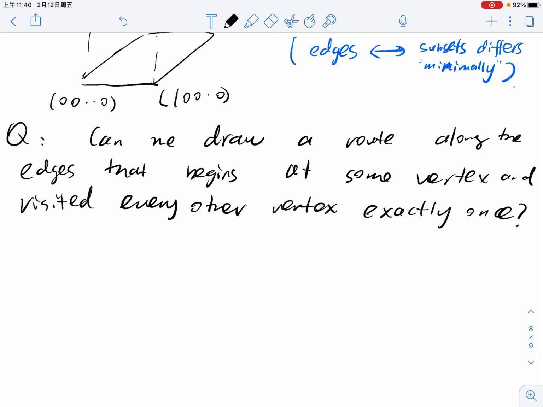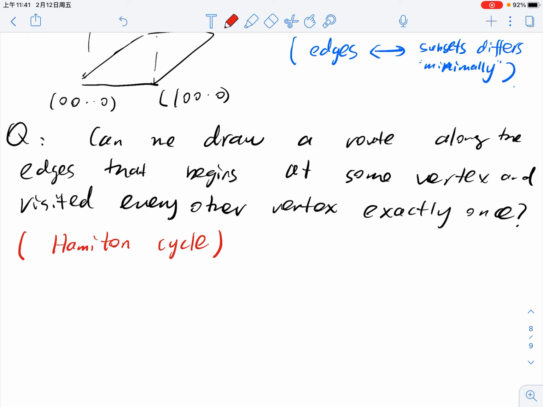Actually, when we learn Hamilton cycle, you will know this is very similar to a Hamilton cycle or Hamilton graph. And if you look at the following algorithm we are going to introduce, you will see this is actually a Hamilton cycle.